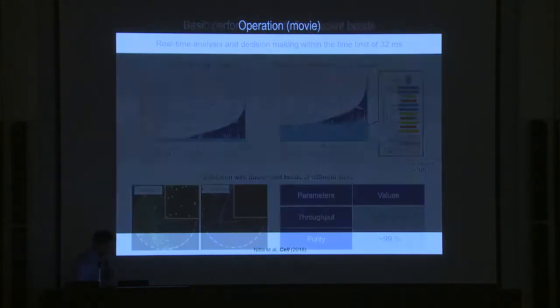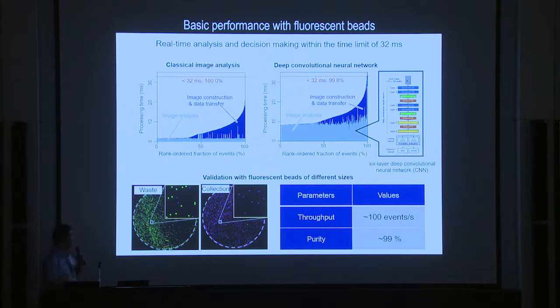Here's the basic performance. This graph shows how much processing time it actually takes. The x-axis is the events ordered by the amount of time it took. The y-axis is the processing time. Under classical image analysis, pretty much all the events are within 32 milliseconds.